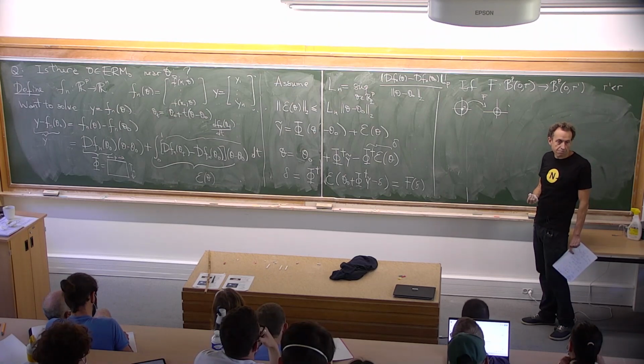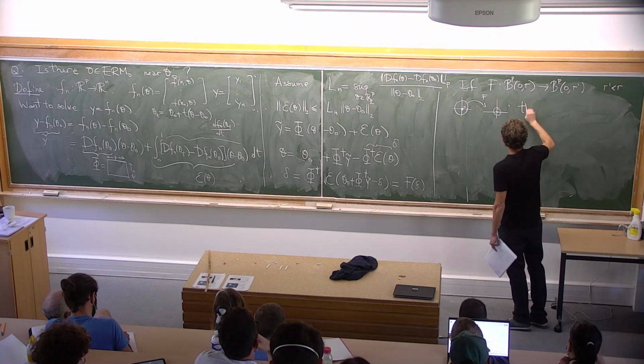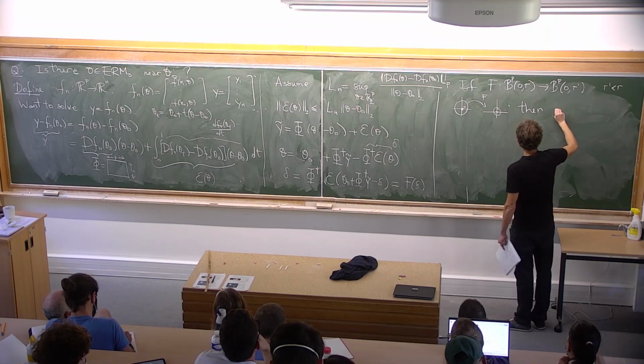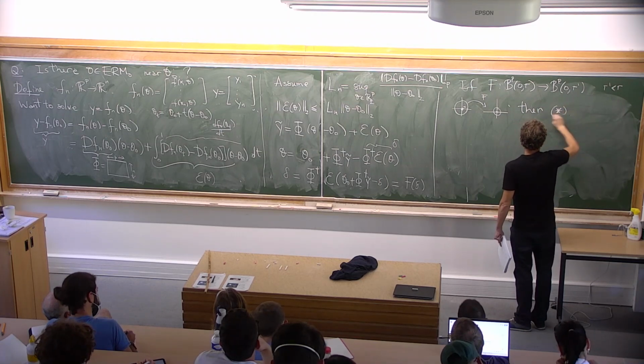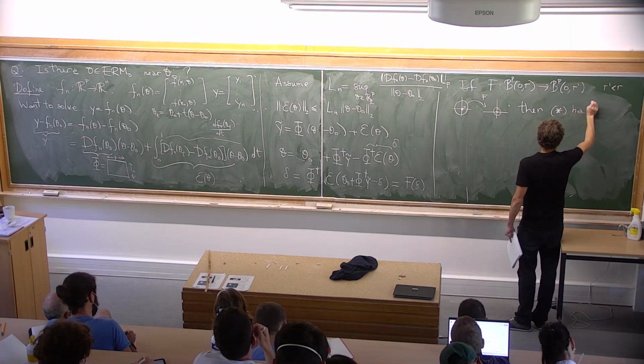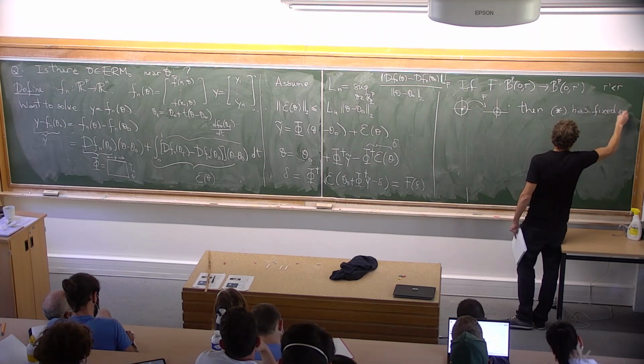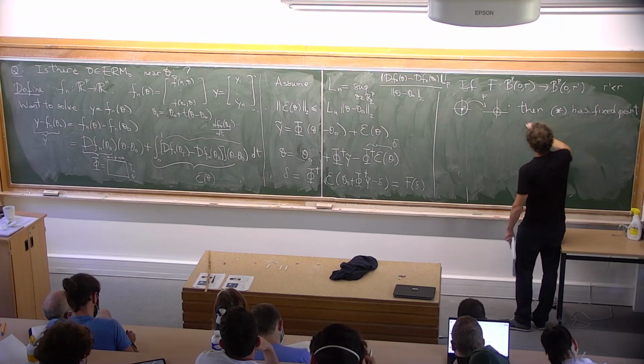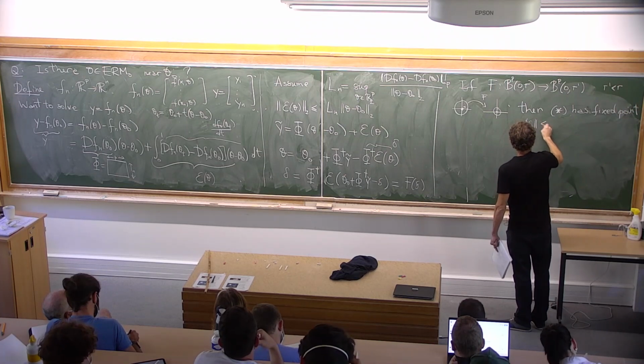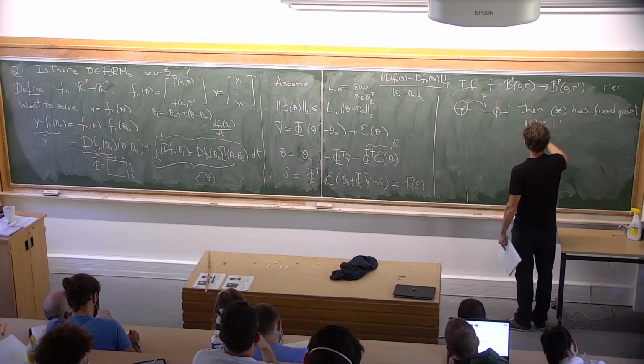So I'll be happy. Then star has a fixed point, with norm of delta less than r prime.